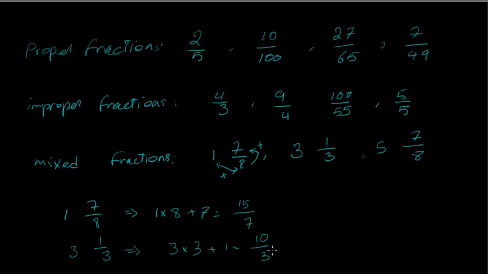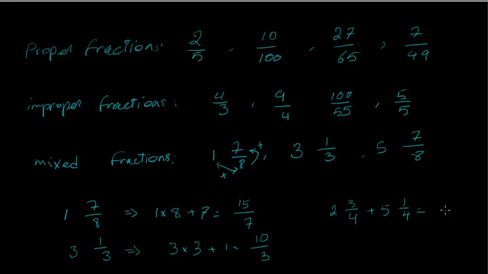Sometimes we have mixed fractions and we are interested in adding or subtracting them. In order to do that, we separate the whole number from the fraction. Let's say we have 2 and 3/4, and we want to add it to 5 and 1/4.